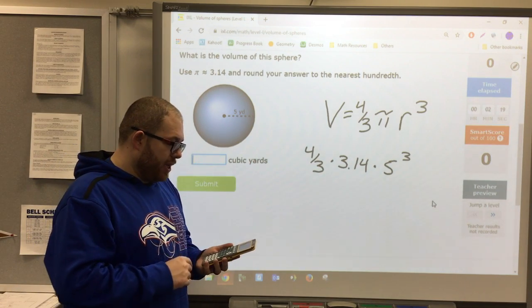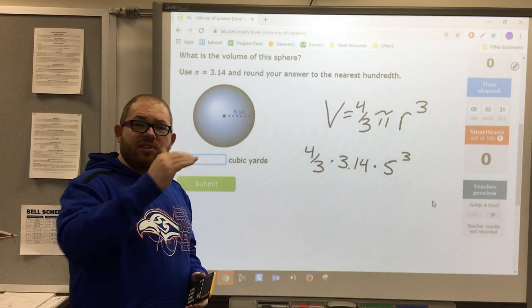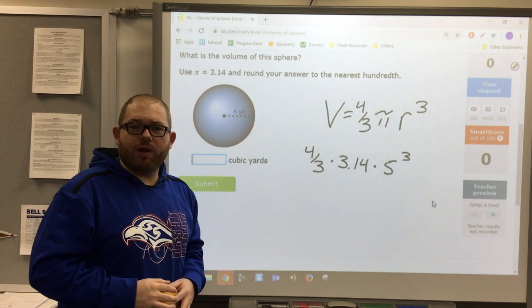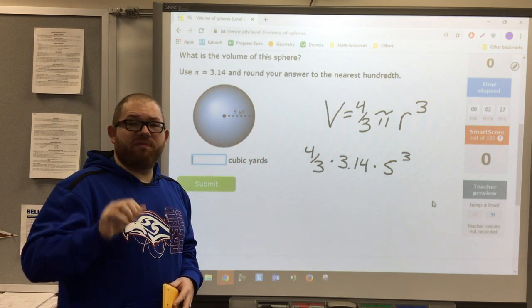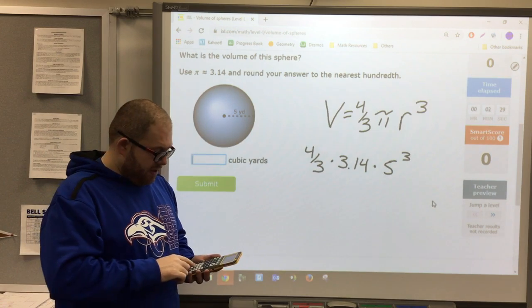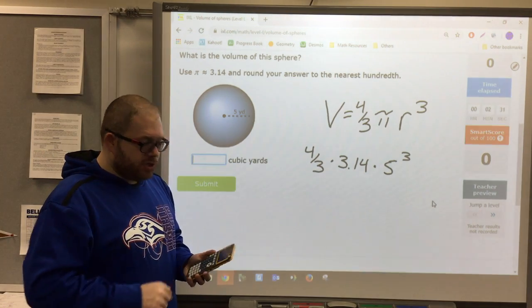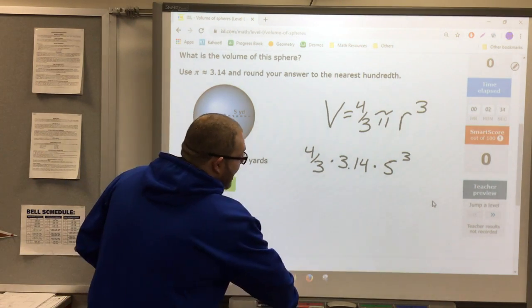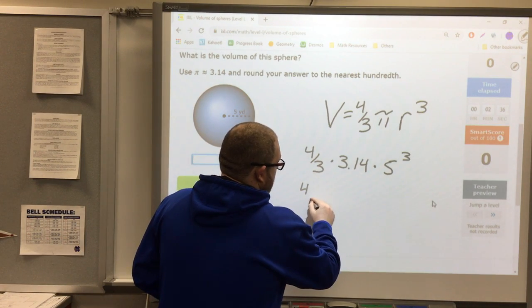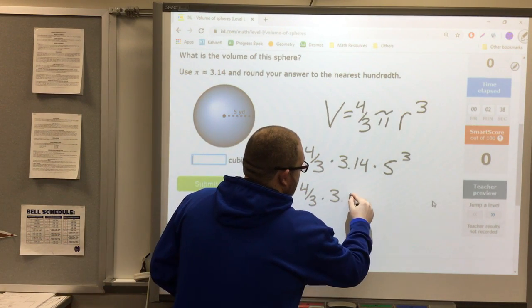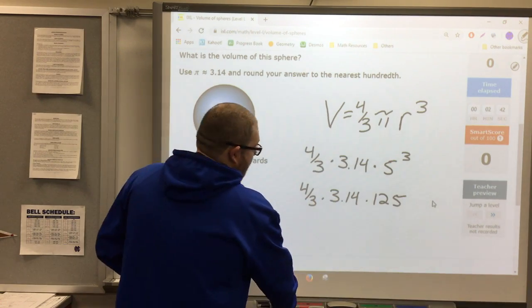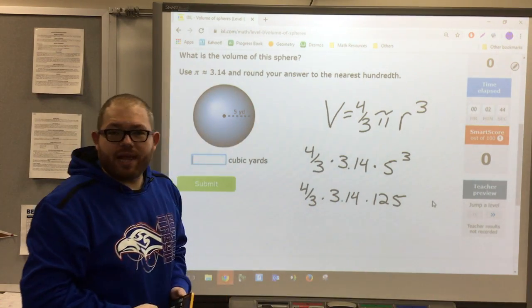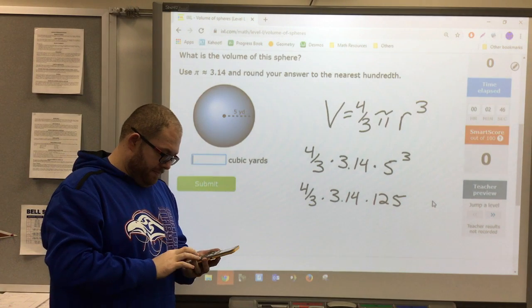So on your calculator, either take 5 to the 3rd power if you know how to use your exponents, and if you don't, just take 5 times 5 times 5. 5 to the 3rd power is going to give you 125. Now from here, you should be able to type that in fairly easily.